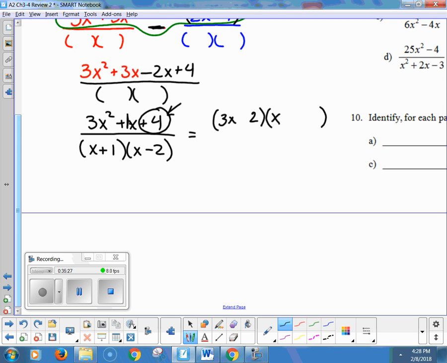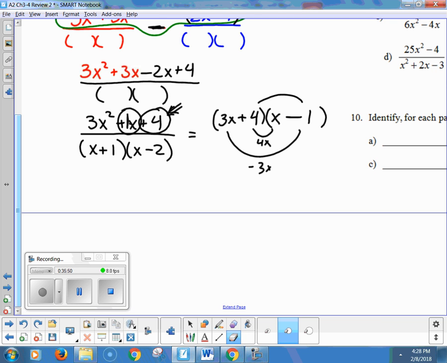I don't think it's going to work in any way we try it. Or if I try a 4 here and a 1 here, one of these would have to be negative to get a negative 3x and a positive 4x to get that positive 1 in the middle. And that would multiply to negative 4, and I don't have a negative 4.